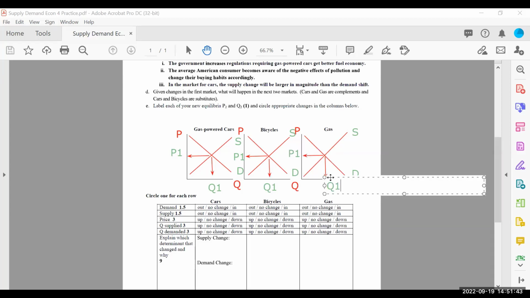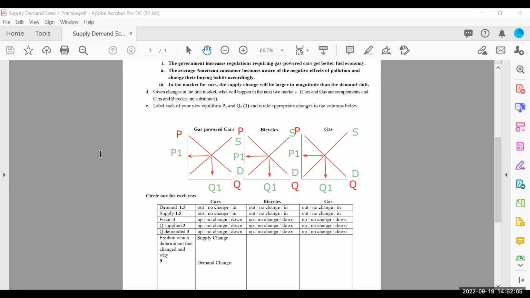All right, so which is the explanation for demand change? What are those three things in bold up at the top? What do you see there? 2. So the average American consumer becomes aware of the negative effects of pollution and changes their buying habits accordingly. So that's demand.